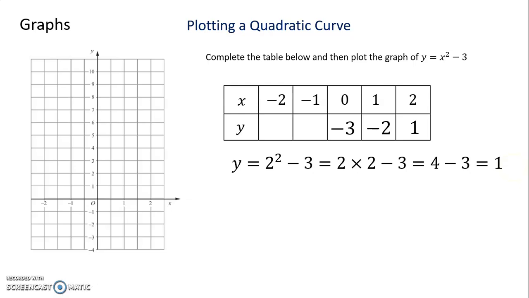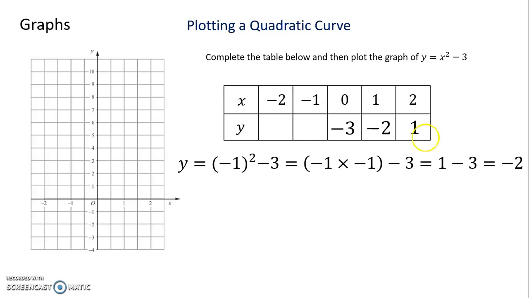And now I'm going to deal with my negatives, bearing in mind that I'm expecting some sort of symmetry to my curve here, and that's a useful check. So if I square negative 1, I know I'm going to get positive 1, and then I need to subtract 3, which gives me negative 2. And then when x is negative 2, I'm going to square negative 2, which gives me positive 4, and then I'm going to subtract 3, which gives me 1.